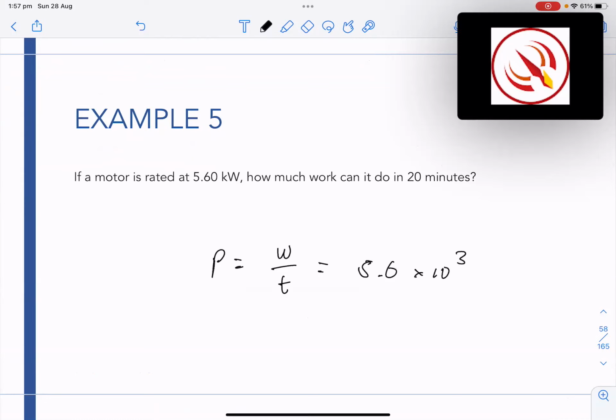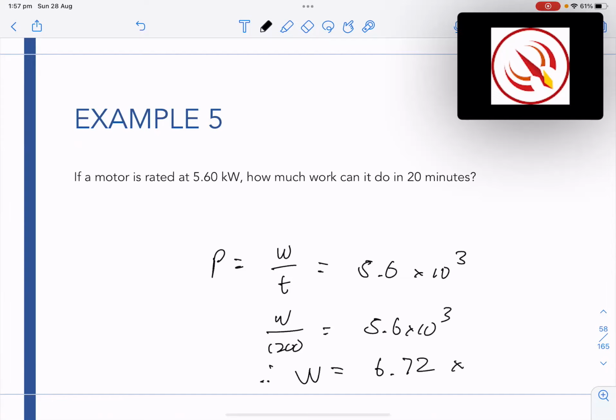The work done in 20 minutes, 20 minutes in seconds, it's going to be 20 times 60, is 1200. Therefore, the work will be 6.72 times 10 to the 6 joules.